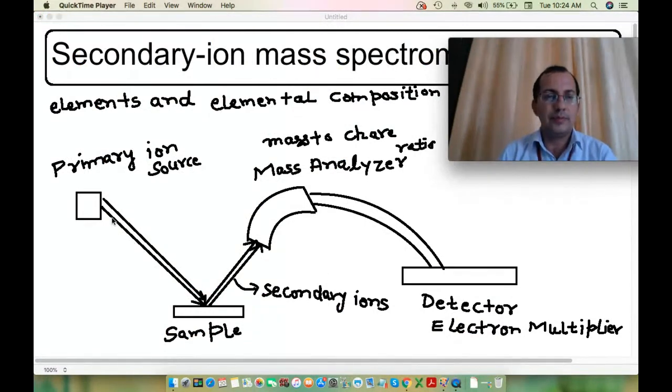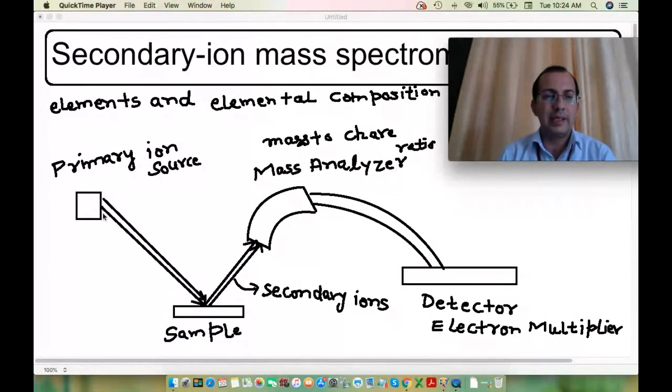The primary ion source will give us the ions, and these ions will be incident onto the surface of the sample.